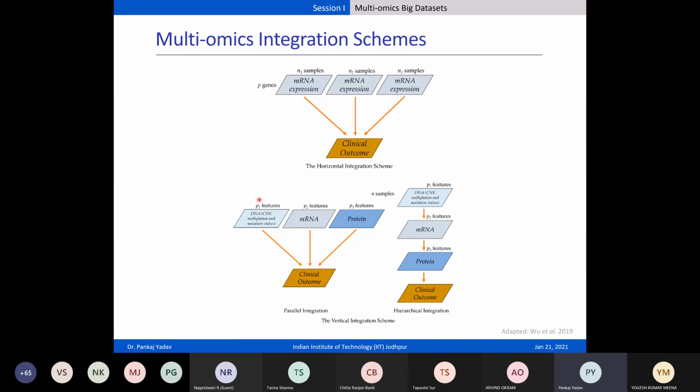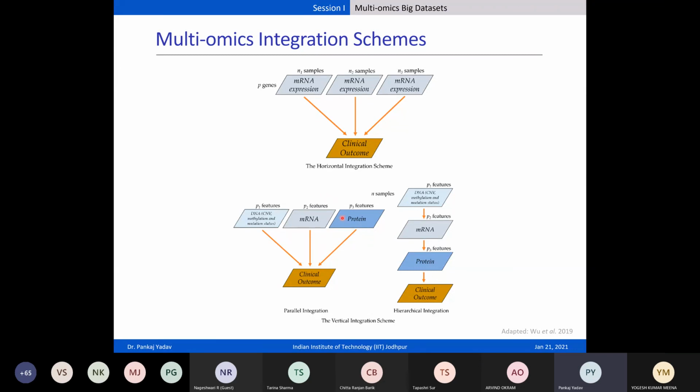And what you can have is P1 features based on, let's say, one layer of data, and P2 features from another layer of data, and P3 features from another layer of data, right? So now our idea is to integrate this kind of data.